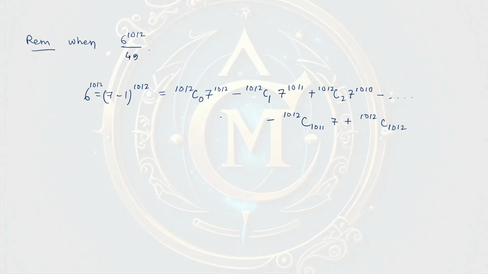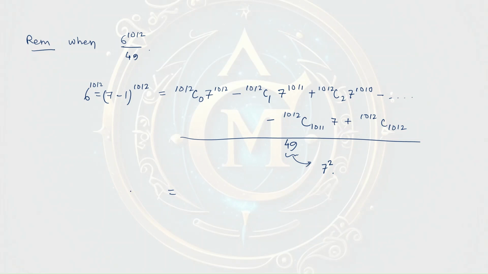That means if we divide this whole expression by 49, or equivalently 7 square, we can observe that 7 square will divide all the terms in the numerator except these two. That means the remainder we get by dividing 6 to the power 1012 by 49 will be the same as when we divide the sum of these two terms by 7 square.